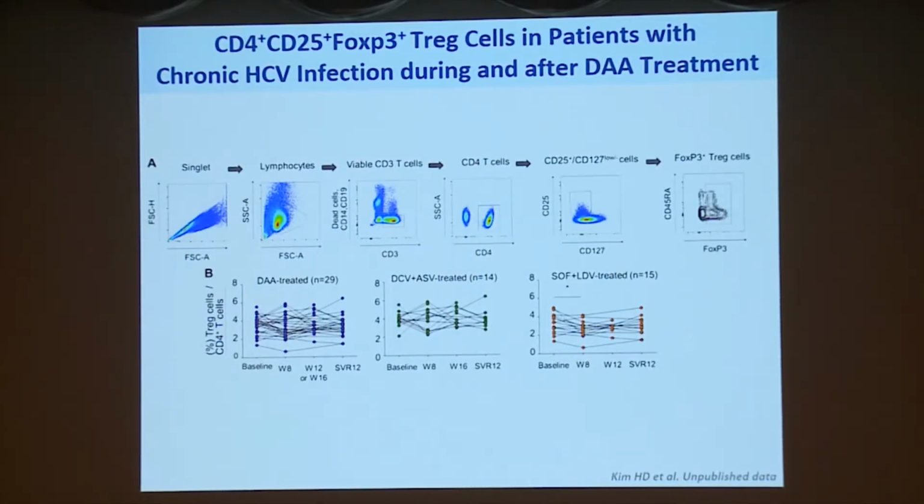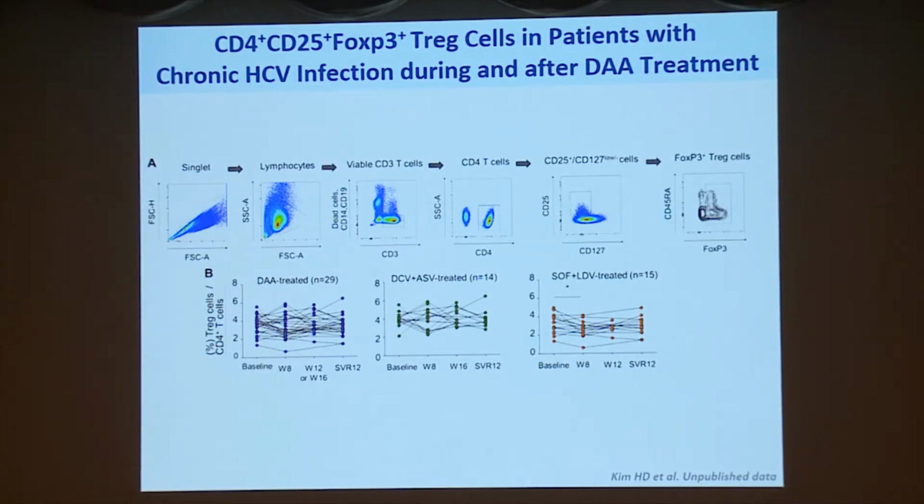In the second part, I'm going to show you what will happen in this TNF-alpha positive Treg cell population during and after DAA treatment of chronic HCV infected patients. So now I'm showing you again the Treg gating strategy. In this part, we recruited 29 DAA treated patients.